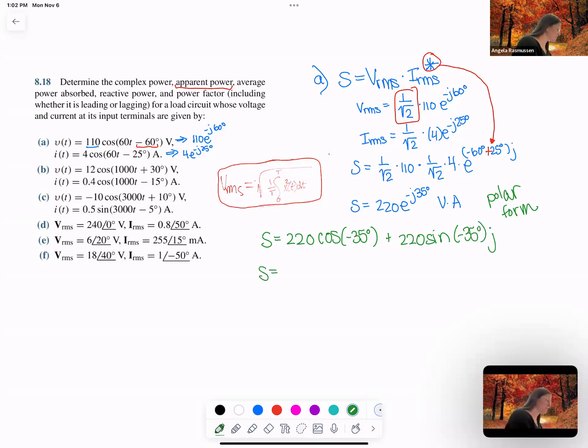And so this ends up giving you 180.2 minus 126.2 j.